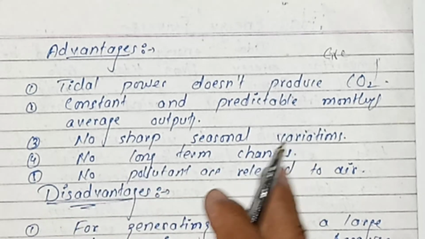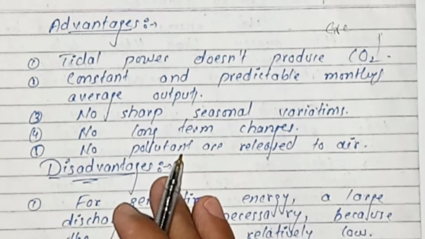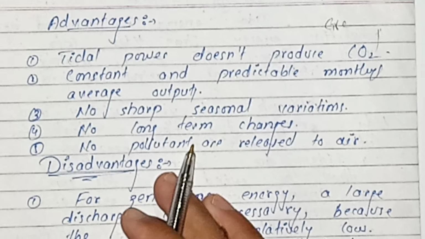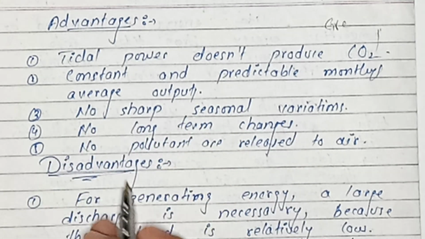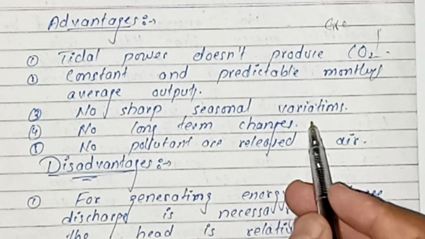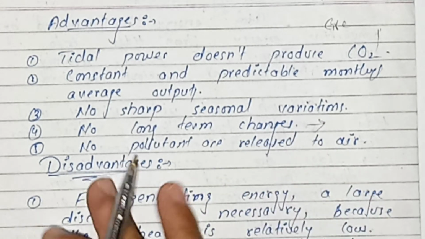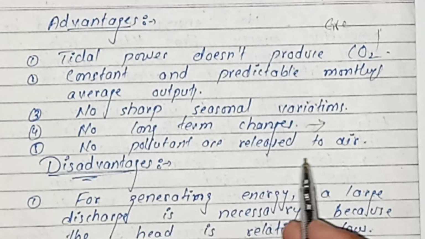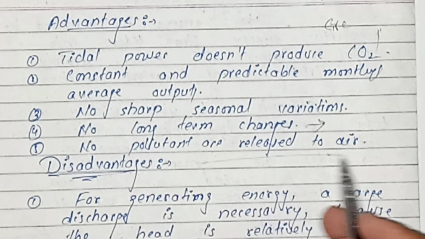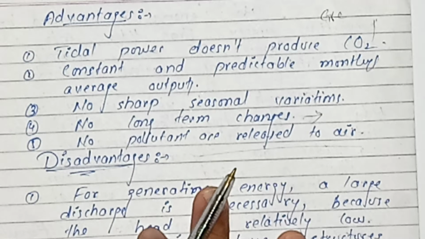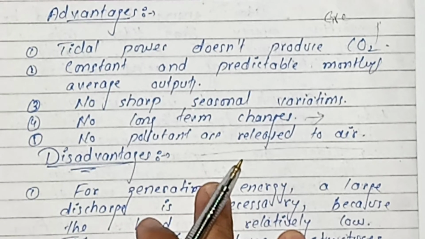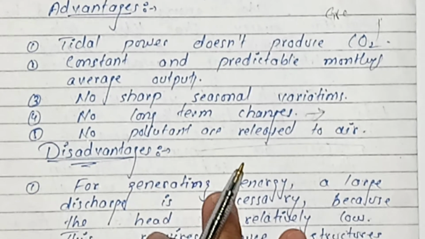No sharp seasonal variation, no very high seasonal variation, but constant seasonal variation. No long term changes; changes will be specific. No pollutants are released into the air, which means the air cannot be polluted through this method. The energy can be extracted from the tides of the ocean without polluting the air.